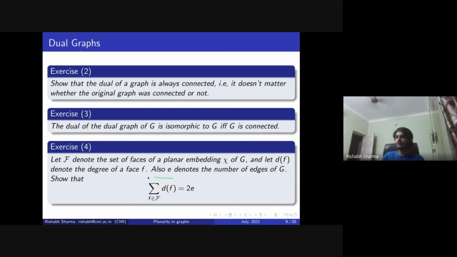Then this sum will equal twice the number of edges of G. This is similar to the result that if you sum up the degrees of all vertices, you get twice the number of edges in a graph. This holds for any graph G. And this result is saying that if I sum up the degrees of the faces, I get twice the number of edges.